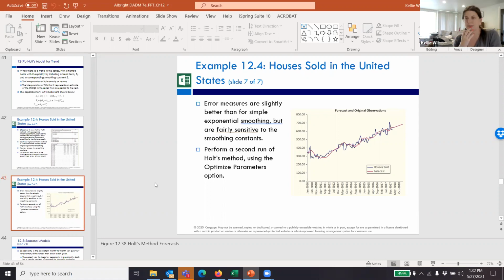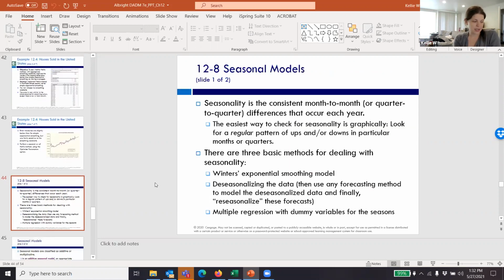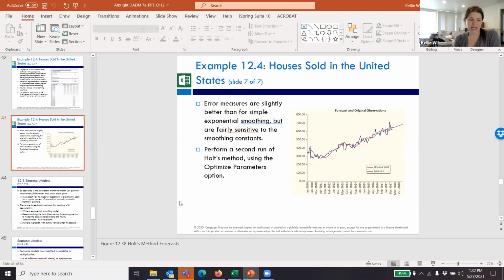So we could run this again and tell StatTools to optimize the parameters, because right now this was run on the default parameters, and then it might be less sensitive. It might fit a little bit better. But I just want you to pay attention to how these different methods give slightly different results.